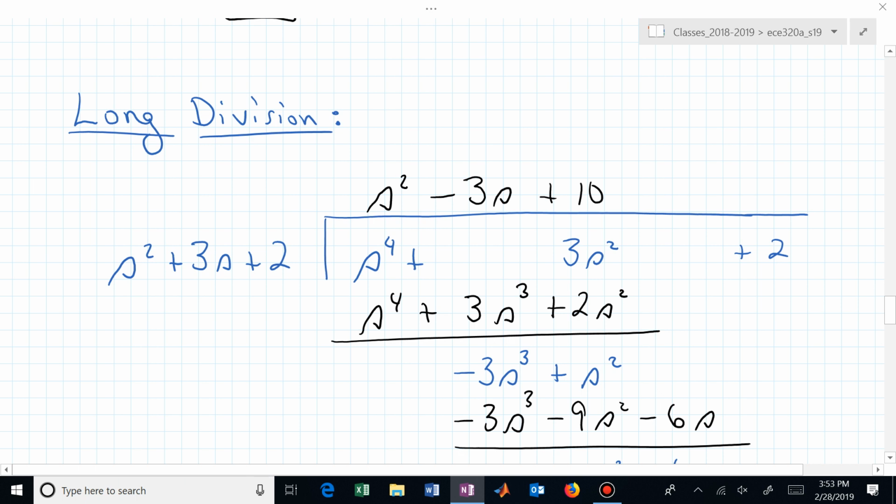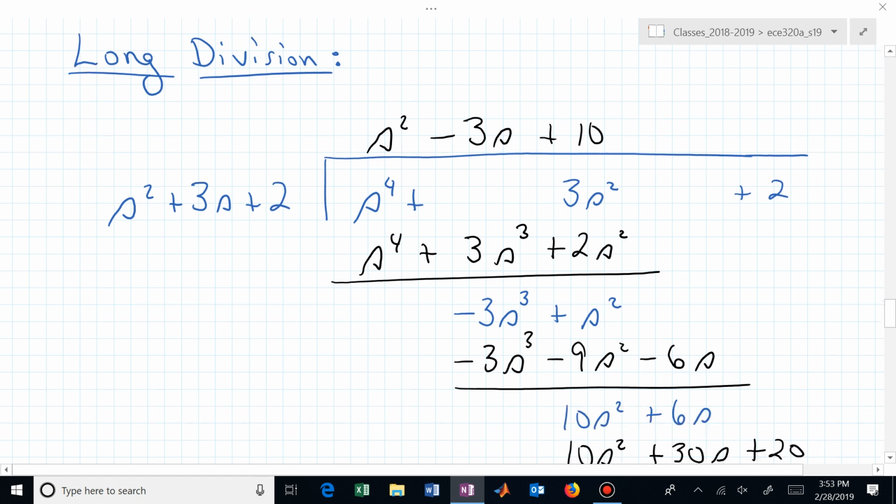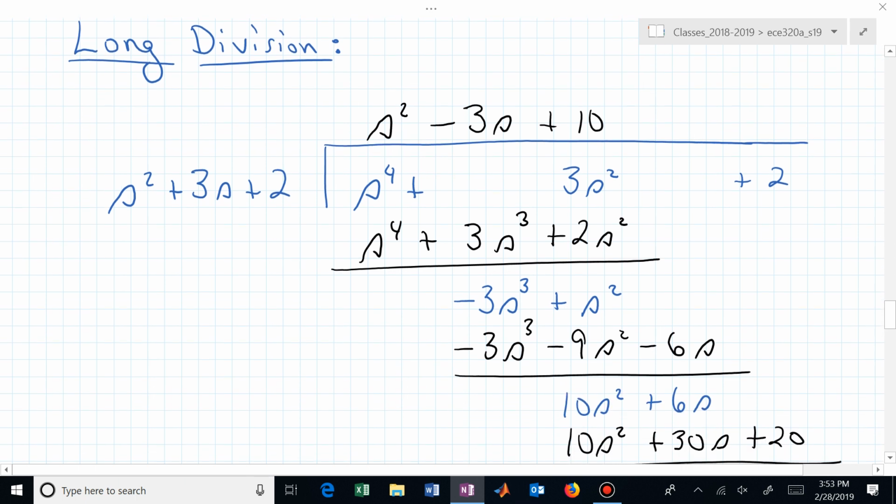Well, I need to hit it with minus 3s. I hit everything in this denominator with minus 3s, and I end up with minus 3s cubed minus 9s squared minus 6s. And I continue. I subtract that from the very first remainder that I had. Taking minus 3s cubed from minus 3s cubed gives me 0. That's good. Now I subtract minus 9s squared from s squared, effectively adding 9s squared.